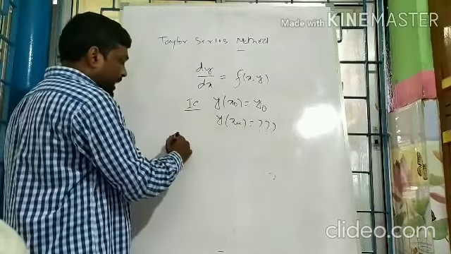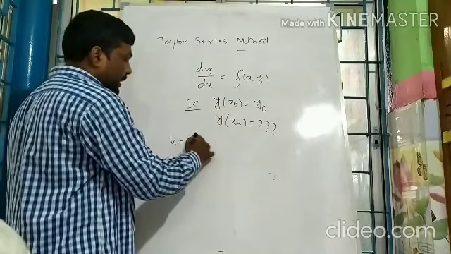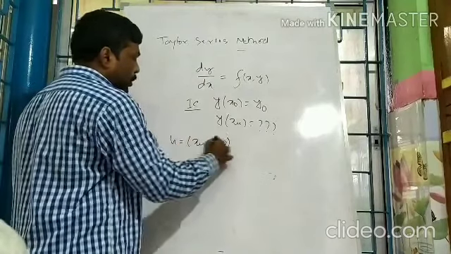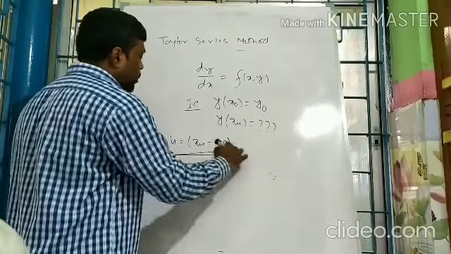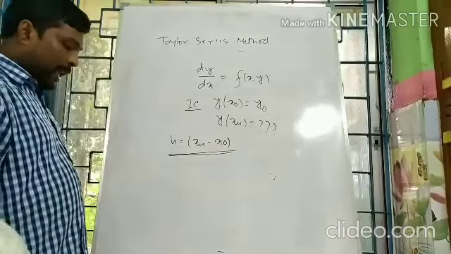Now first calculate h, that is the step length, h = xn minus x0.